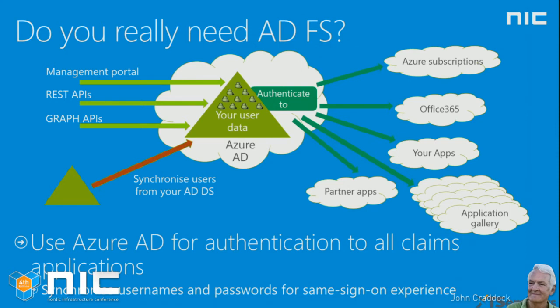Your applications. So when I said you want to deploy a claims-aware app and you've deployed it on premises, you can hook it up to Azure AD as your identity source. And you could also have this app in the cloud hooked up to Azure AD, which means you don't actually need ADFS on premises at all. There are also application galleries, and there's the ability of using partner apps through it.